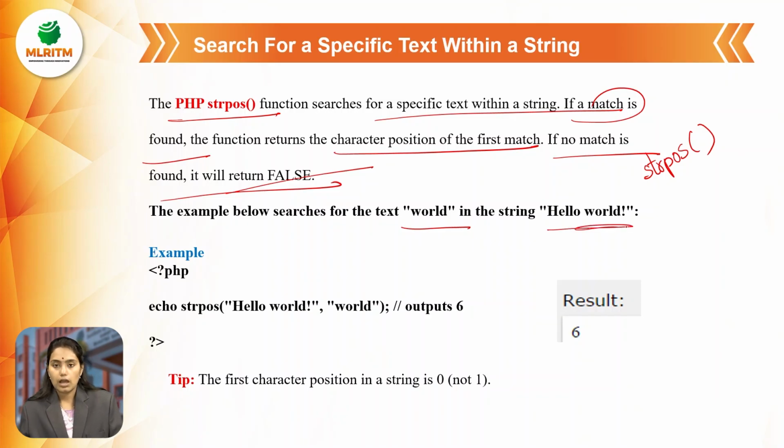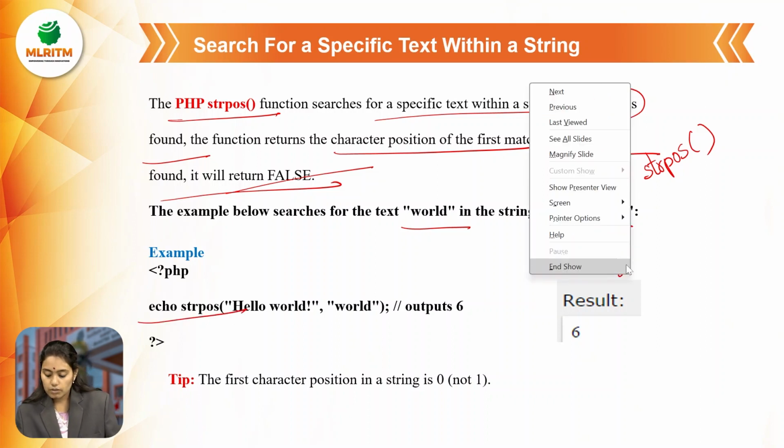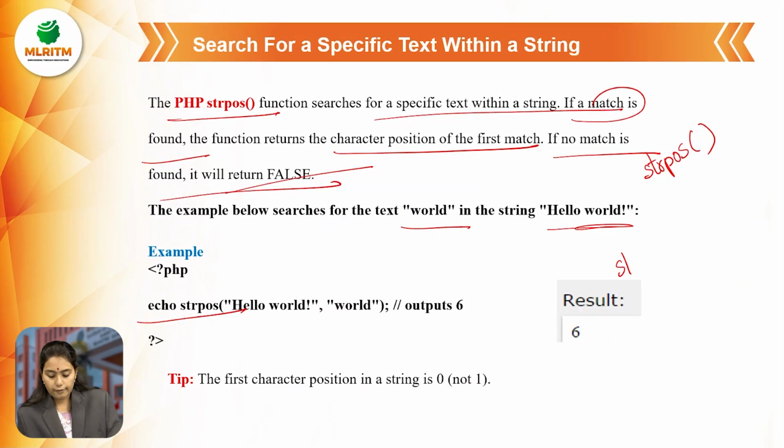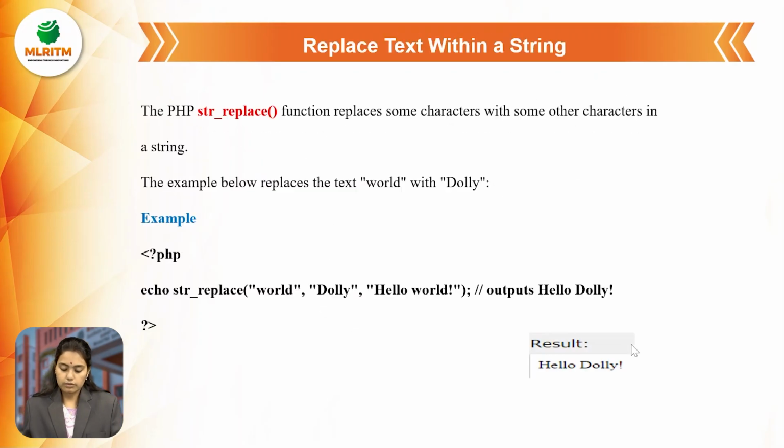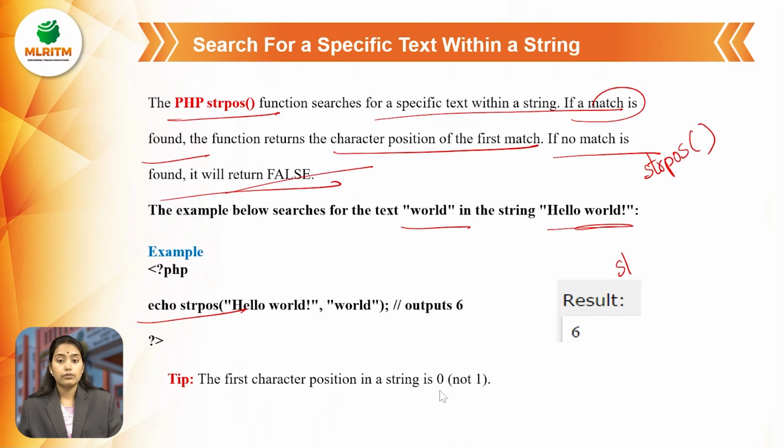The example below searches for the word in the string. So let's see with hello world. Here we will search for the word using string position. String position, whatever given, we have to give 2 parameters. What are those? The string which we give and the word which we want to search.